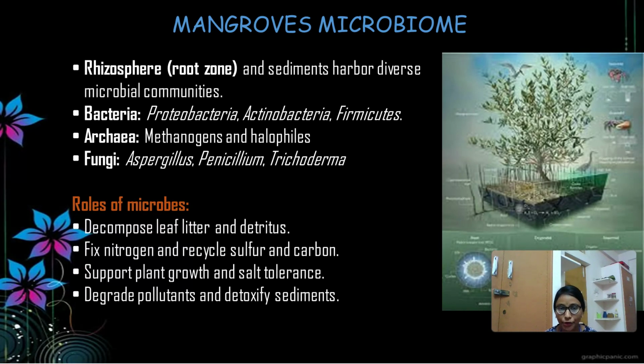Bacteria like proteobacteria, actinobacteria, and firmicutes. Archaea like methanogens and halophiles. Fungi are Aspergillus, Penicillium, and Trichoderma. As you know, bacteria play many roles: they decompose leaf litter and detritus, fix nitrogen, recycle sulfur and carbon, support plant growth and salt tolerance, degrade pollutants, and detoxify sediments.